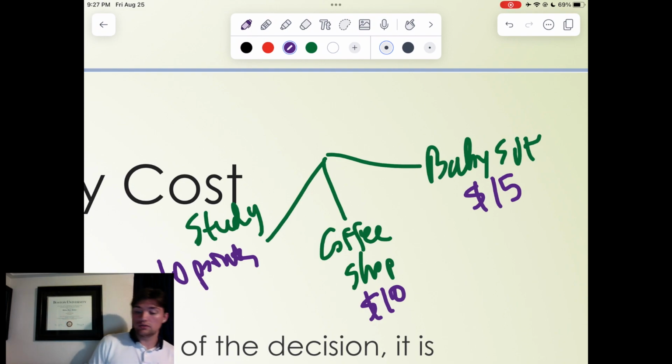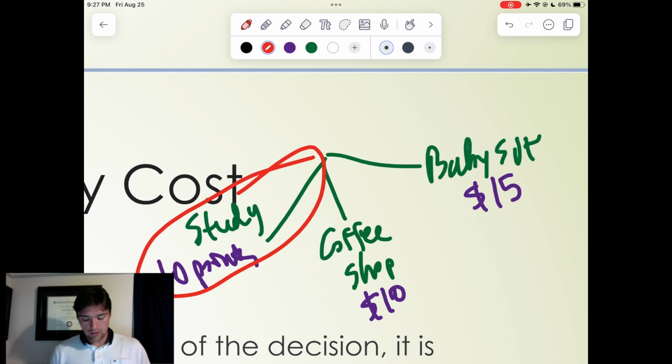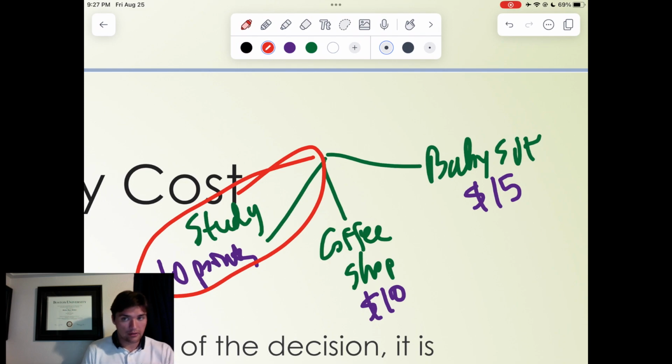If you study for the exam, what is the opportunity cost here? Because you're choosing to study, what are you giving up? The answer is not 10 and it's not 25. The answer is 15.